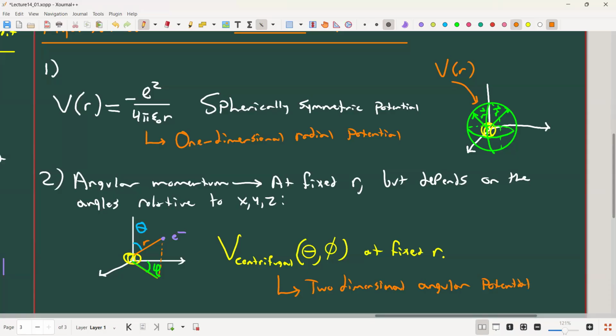And as you can see, this is going to require different math than we use, because now our potential is not defined by x, y, and z, but by angles instead. So we're going to have to find some way to convert between x, y, and z and angles and r, which you've done in Calc 3 before, I assume, with spherical or cylindrical coordinates. You probably don't remember that anymore. That's okay. You probably did it for like 1 week and then forgot about it. But I'll remind you how it all works.